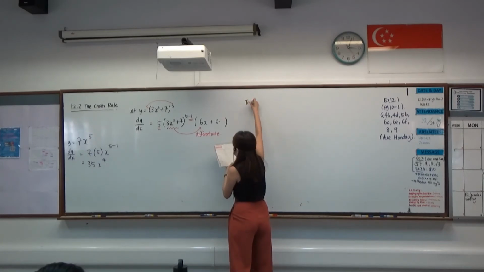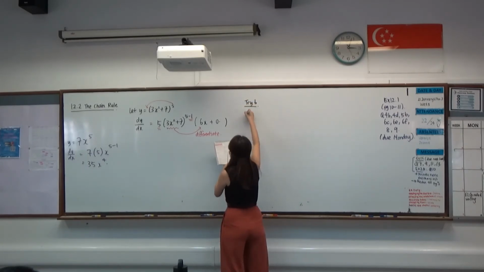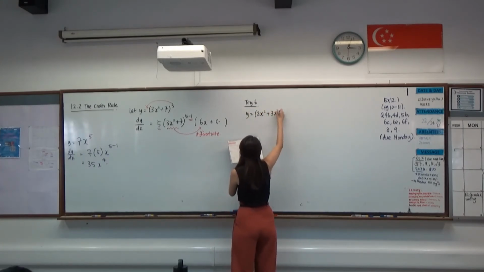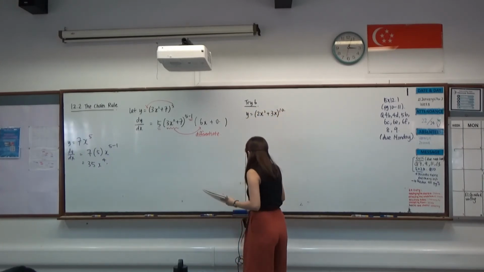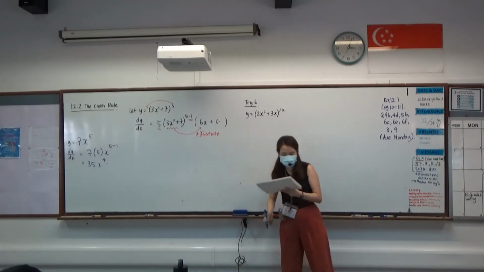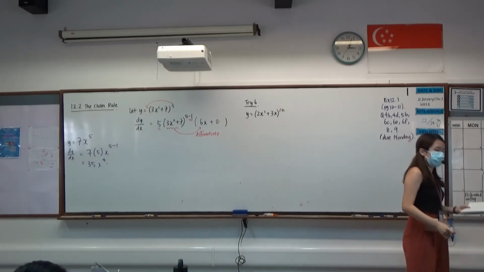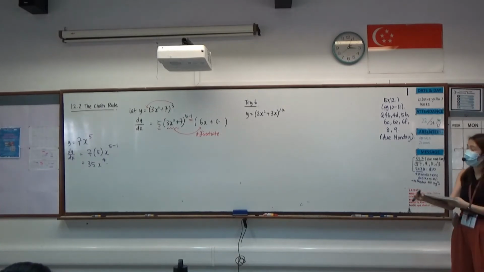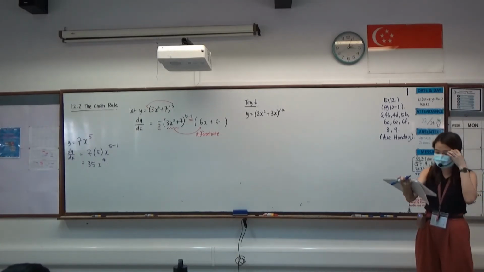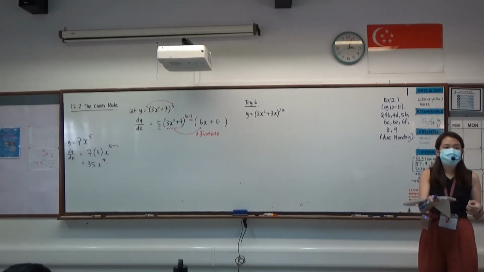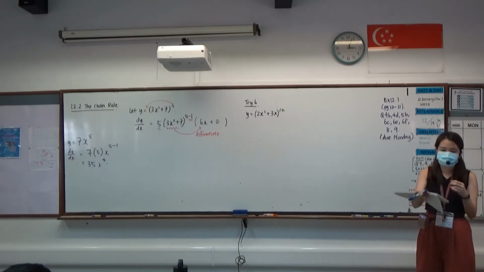So looking at try 6, to the power of 10. Okay, how should we go about differentiating this?